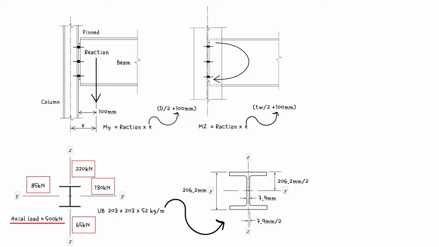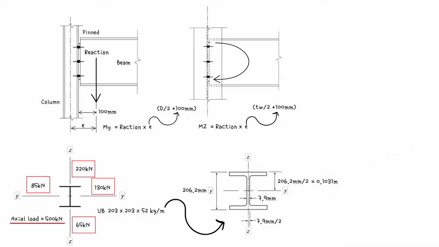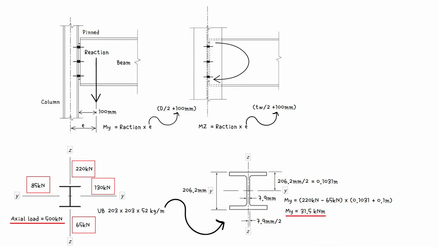So, working in meters, the bending moment about the y-axis equals 220 kilonewtons minus 65 kilonewtons times half of the column depth, which is 0.1031 meters, plus 0.1 meters, which is the distance from the face of the column where the beam reaction is assumed to act. This results in a value of 31.5 kilonewton meters.